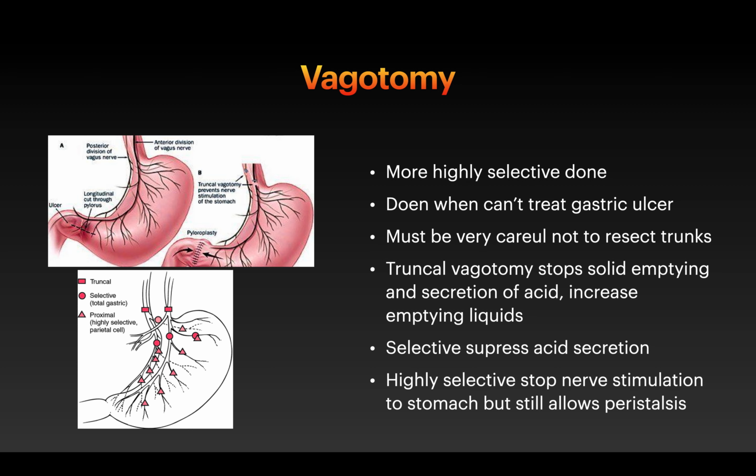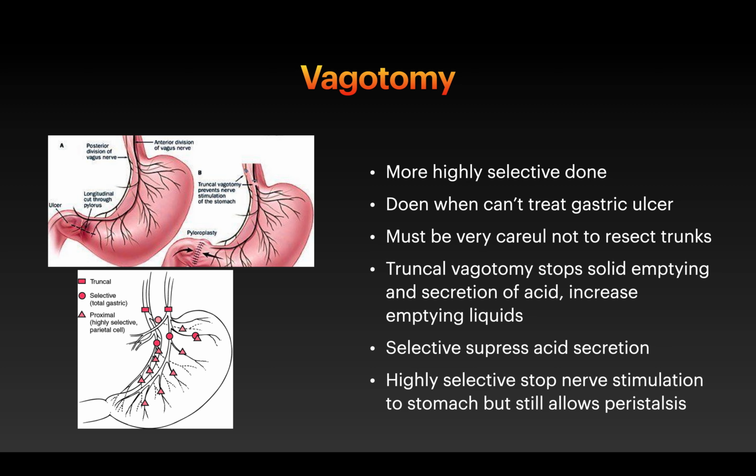It's not as popular as it used to be, because of the advent of all these over-the-counter anti-reflux medications. The problem is that you have to be pretty careful not to resect the trunks, but in some cases the truncal resection is done.